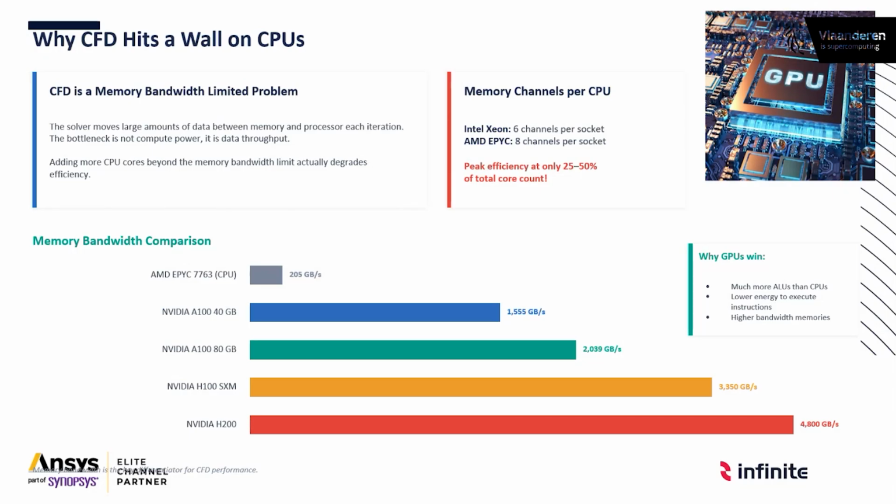So in terms of CFD, the GPU can really win the game and really transfer all the computing resources to the GPU, due to many more ALUs, so arithmetic logic units. It has a lower energy consumption and a much higher memory bandwidth.